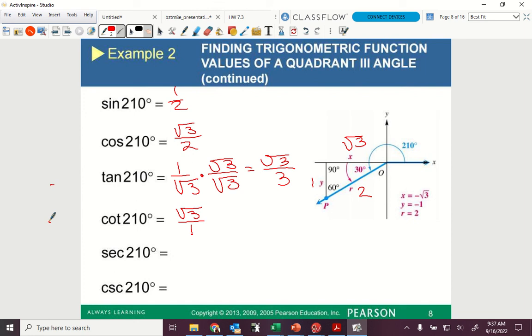Secant is r over x. So my r value, I'm plugging it in first, so that's why it's 2 over rad 3. And yes, you do rationalize it.